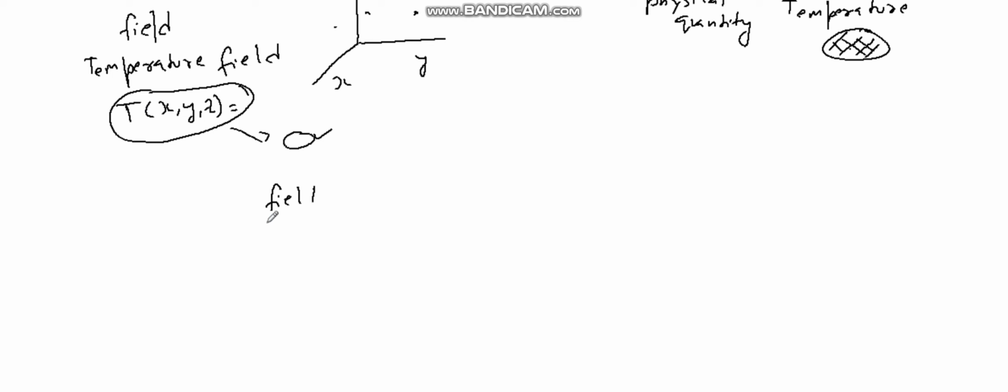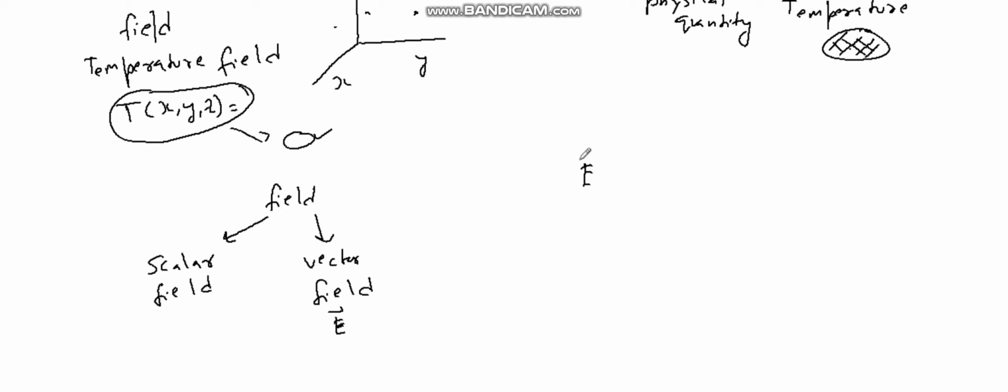So we have a field, it can be a scalar field, like for example temperature. We can have a vector field, for example the electric field. So what is the electric field?